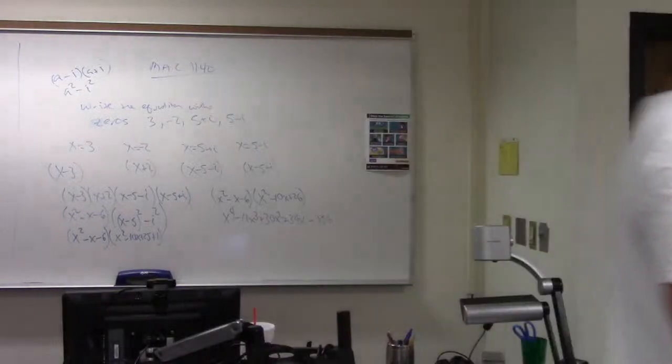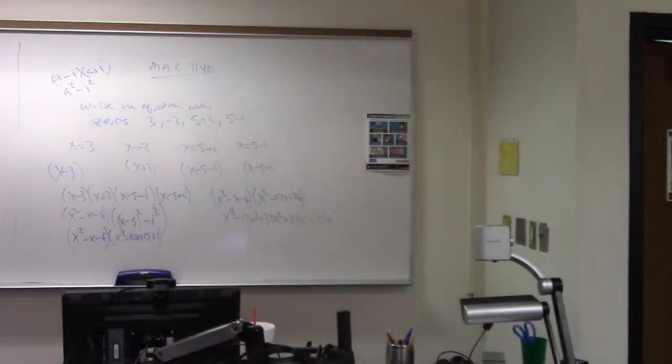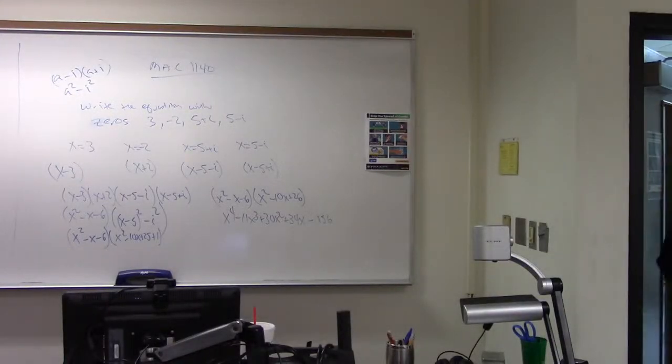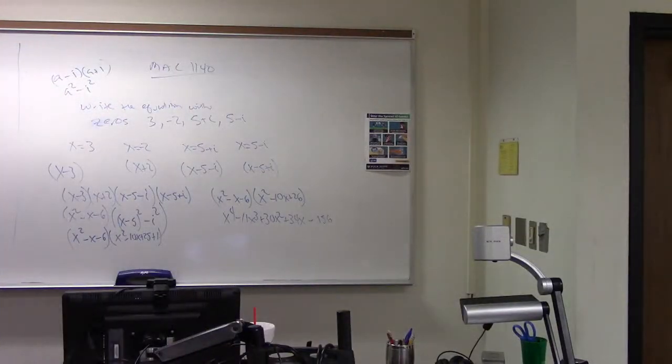It was to factor f of x into linear factors given that k is a 0. Okay, what's the zero?